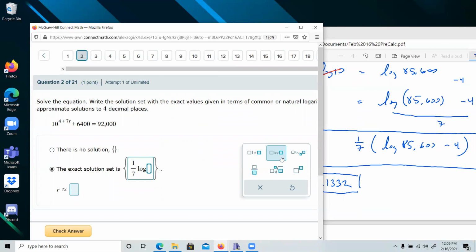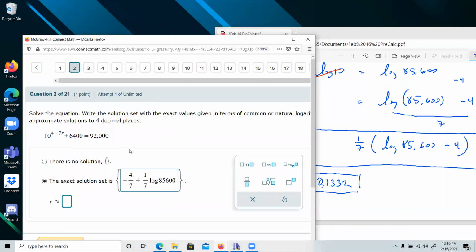Okay, this is 85,600. And then I'm going to need a minus 4/7 here, but you know what? I'm going to type in the negative 4/7 at the beginning because I don't have parentheses after the fact, and I have a feeling it's going to get mad at me if I try to do that. Actually, I have a feeling it's going to get mad at me regardless.